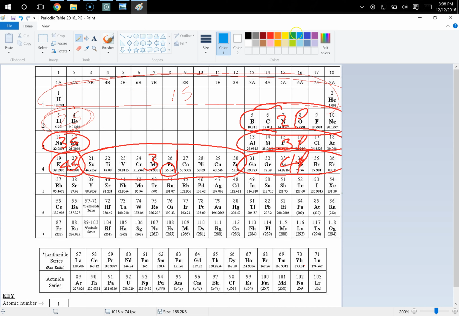I'm going to put 2 electrons in this one, then 2 electrons here. How many am I going to put here? 6, 2, 6, 2. How about here? 10. And then this one? 5, because I run out of electrons. Once I've hit zinc, I'm at 30 electrons, and I've only got 5 more electrons to deal with.